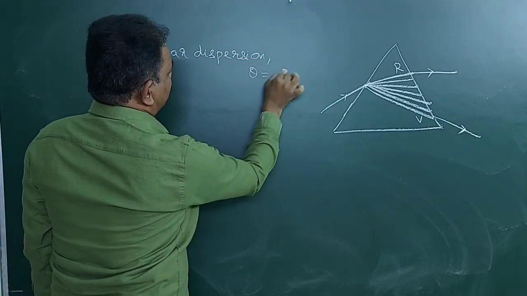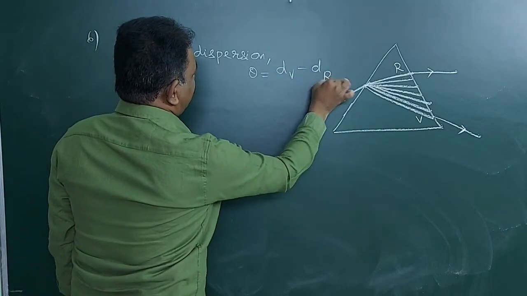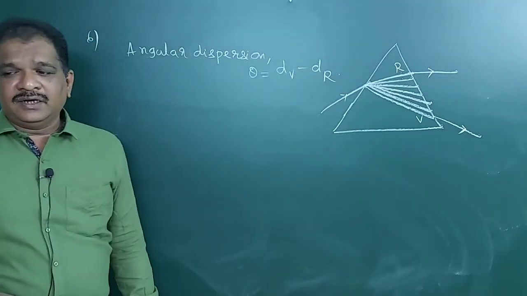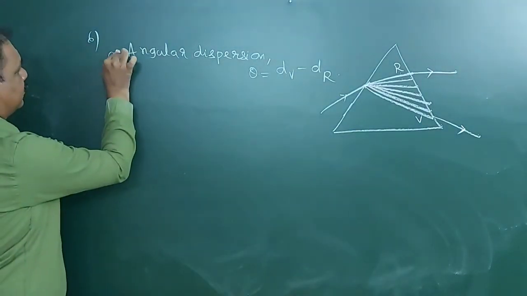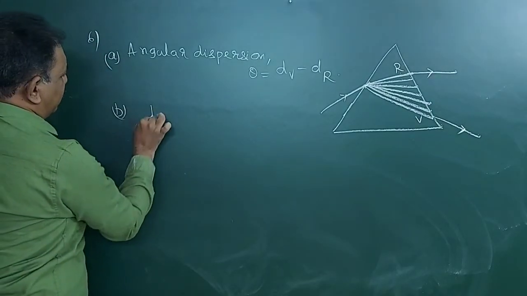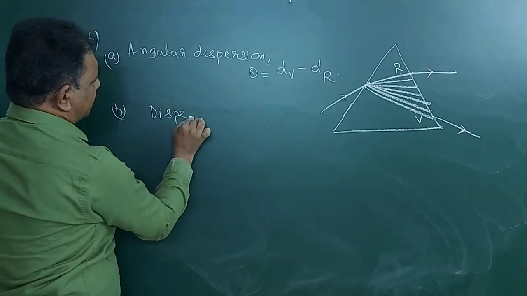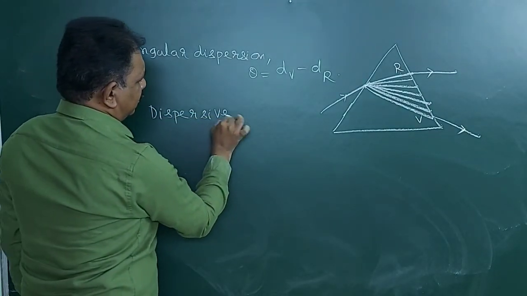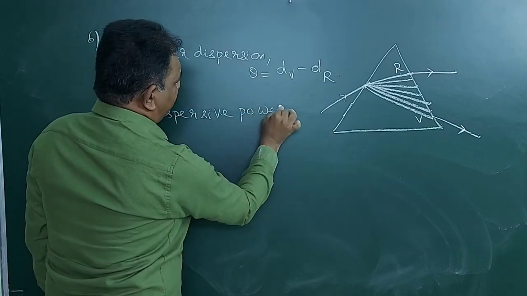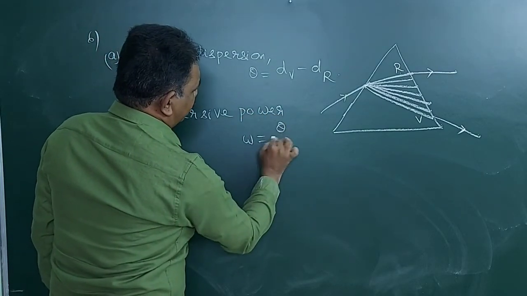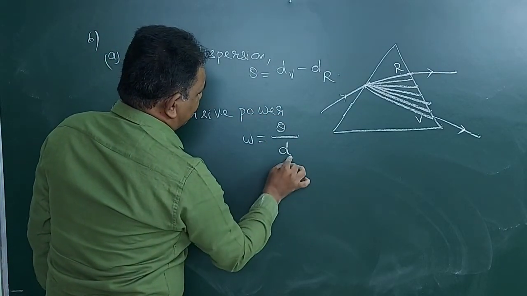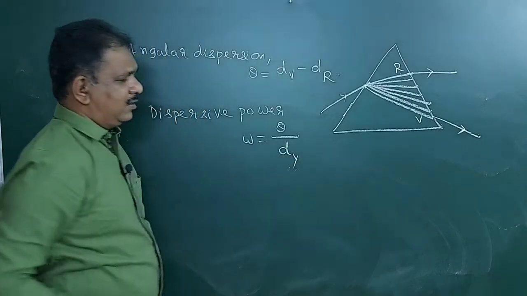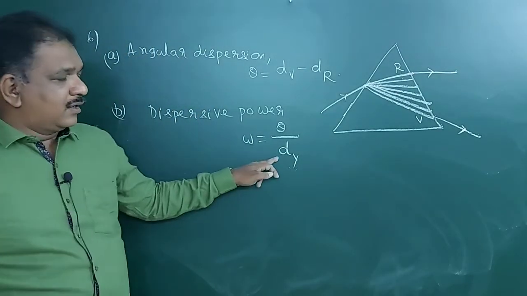Theta is equal to dV minus dr. Next, dispersive power. Omega is equal to theta by dy. Yellow color.